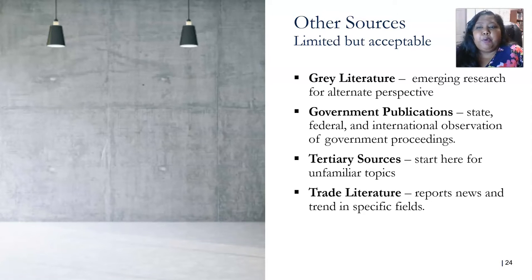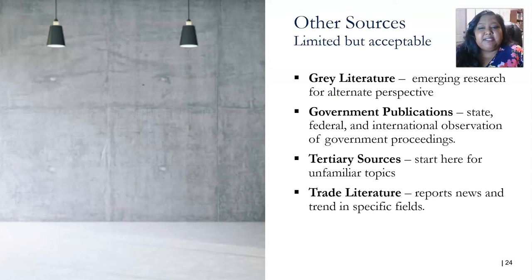Examples include reports, dissertations, conference notes, technical notes, and even personal communication. As for government publications, they offer perspectives of the state, federal, and international levels on government proceedings. Examples include government data and statistics, census statistics, and laws and regulations.